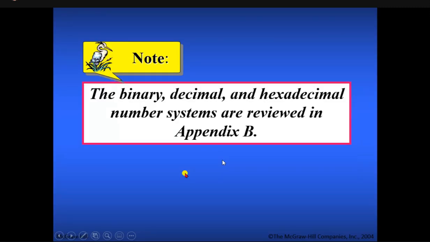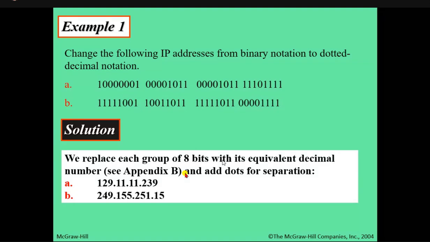Now the binary, decimal, and hexadecimal number systems are reviewed in Appendix B, so it is not required here. Now suppose we are giving an example and solution. Let's change the following IP address from binary notation to dotted decimal notation. You know very well it is a 32-bit address, and we have to make it dotted.